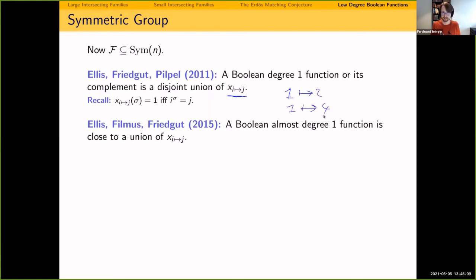And these are all the types of degree 1 functions you can get. And with a small change in names, like you still have Friedgut, but now you no longer have Sudakov, but you have Filmus, you can have a result that an almost degree 1 function is close to a union of these guys.